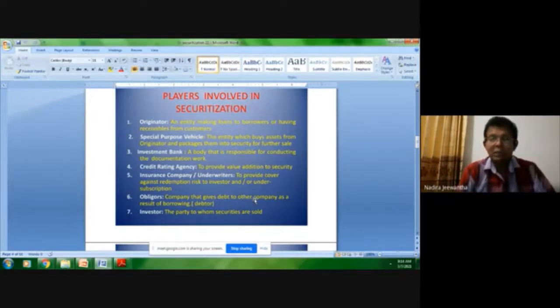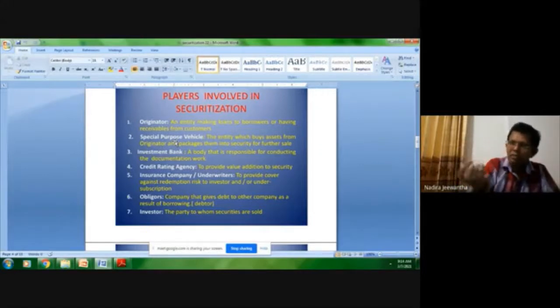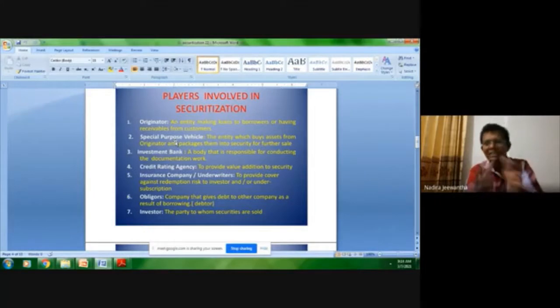That is the special purpose vehicle, the entity which buys assets from the originator. Originator means the leasing company. So the leasing company will transfer whatever CRs to this particular company. Then they don't have any liability. This SPV will work with the investment banking division to do the investment, and with credit rating agencies.